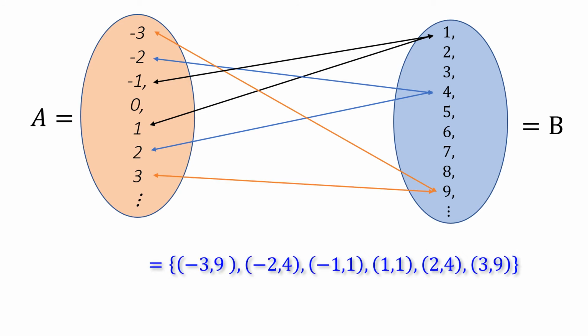We write the pairs as minus 3 comma 9, minus 2 comma 4, minus 1 comma 1, 1 comma 1, 2 comma 4, 3 comma 9. Here we can see that each element of set A has only one image in set B. This type of pairing is called a function from A to B.